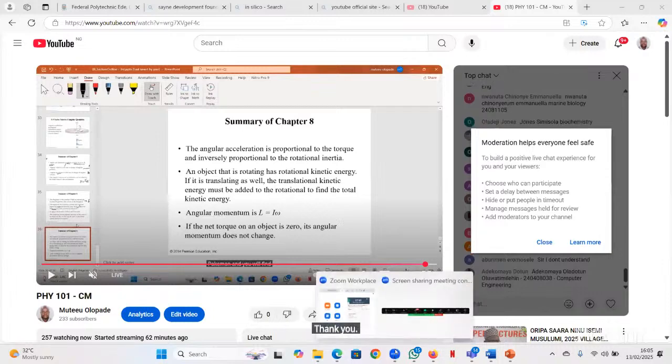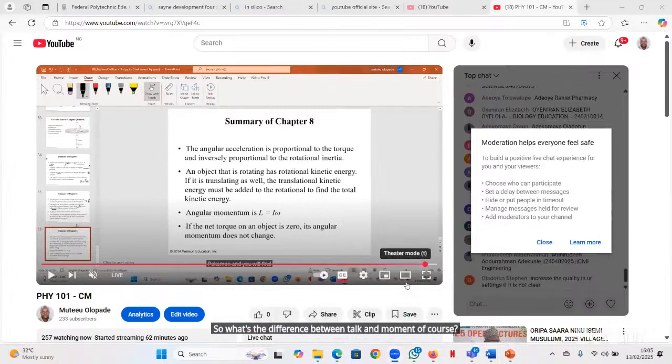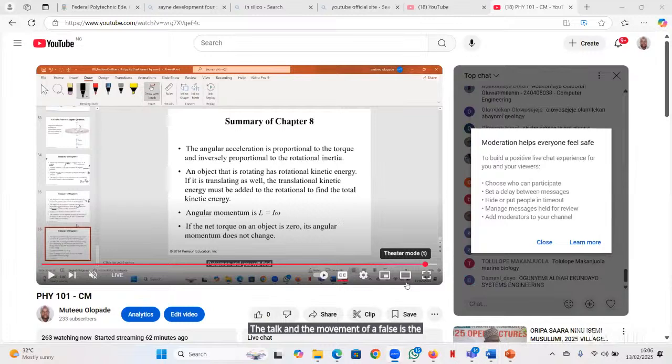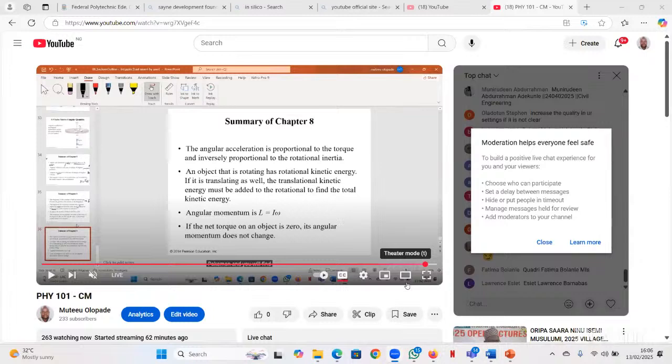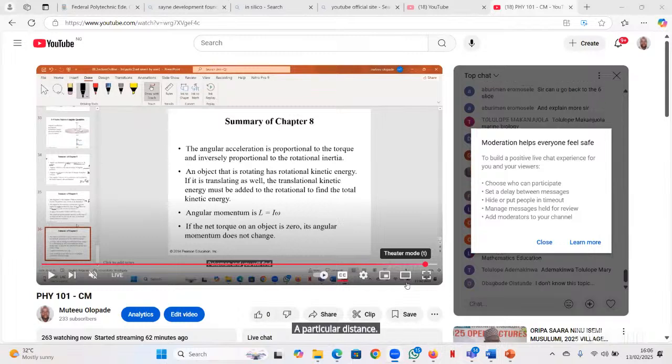What's the difference between torque and moment of a force? The torque and the moment of a force are the same thing. If you remember moment of a force, it's always the product of the force and the line of action.